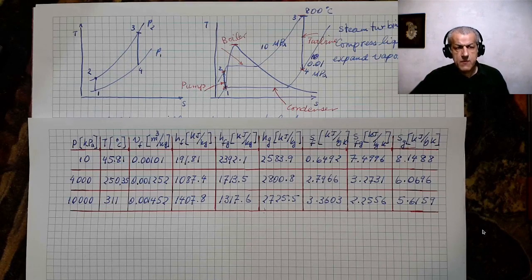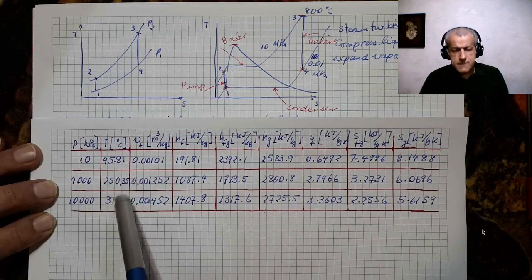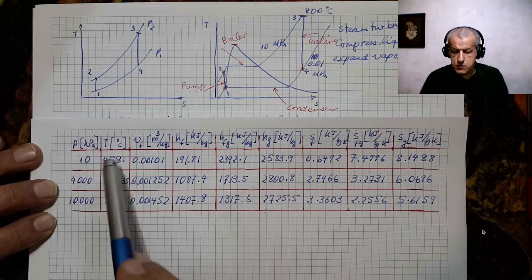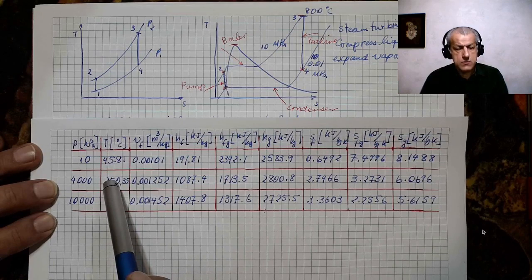And on the steam tables, I have just selected 3 lines. These two are for this problem, and this one I shall use in my next problem when I add reheat to the steam cycle, to the Rankine cycle.